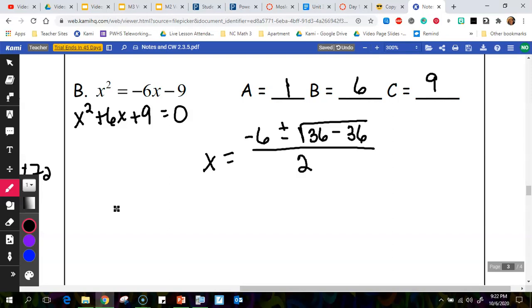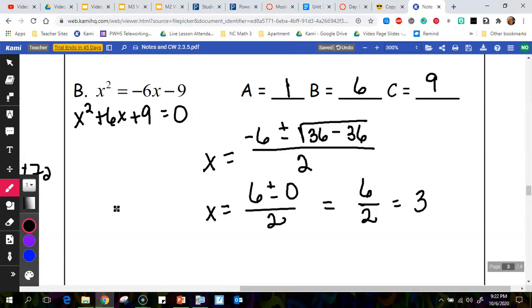All right, so this is 0. So x equals 6 plus or minus 0 over 2. So that's going to be 6 over 2, which is 3.